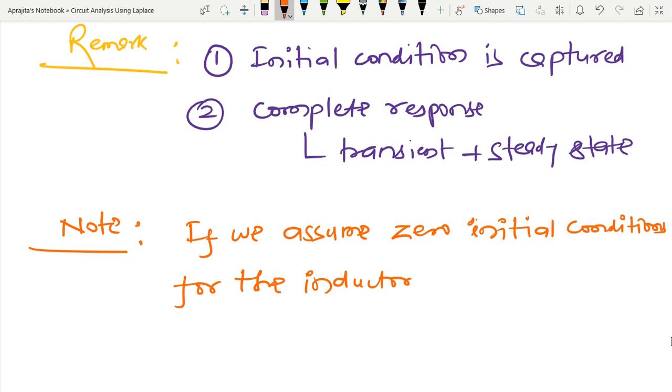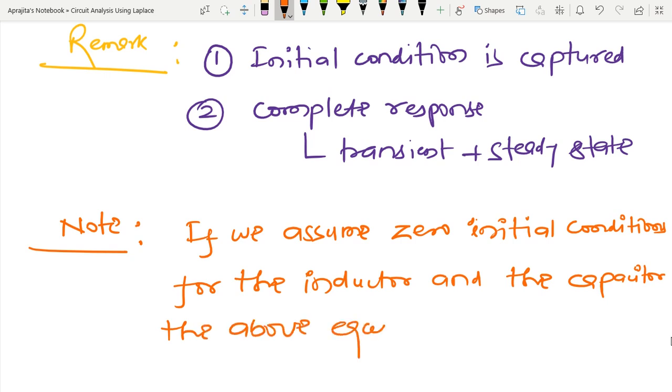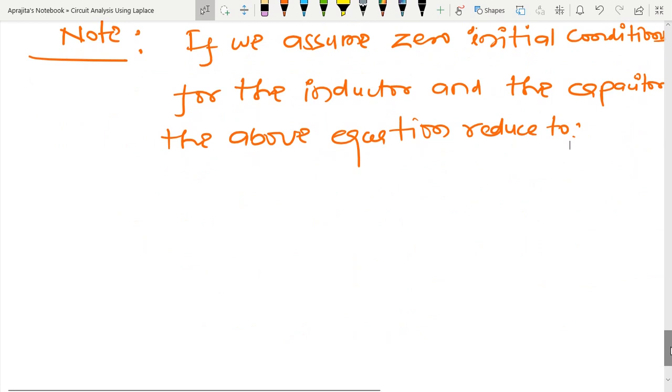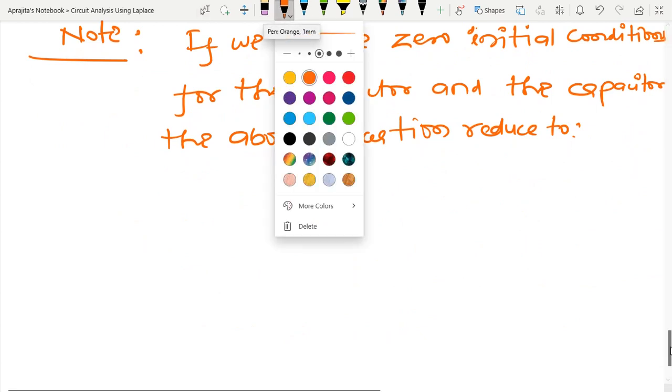For the inductor and the capacitor, the above equation reduces to, and now I have the same equation as in the phasor domain.